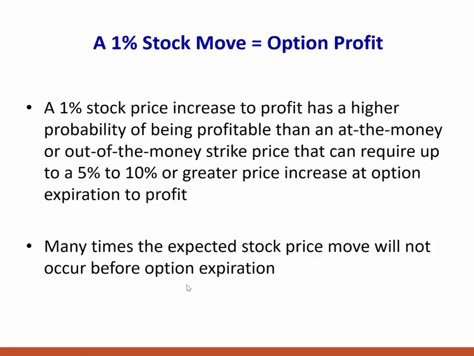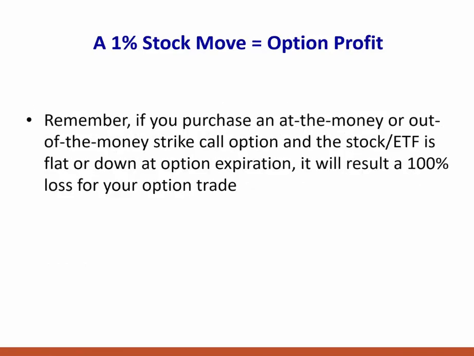Many times the expected stock price move will not occur before option expiration. And remember, if you purchase an at-the-money or out-of-the-money strike call option and the stock or ETF is flat or down at option expiration, it will result in a 100% loss for your option trade.